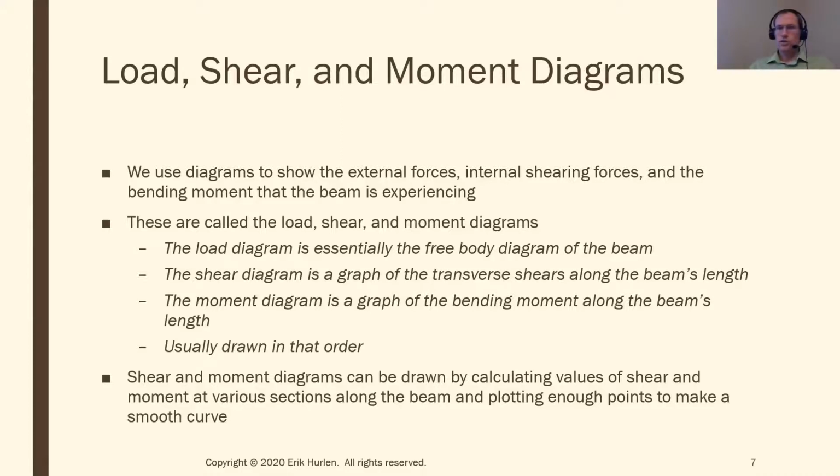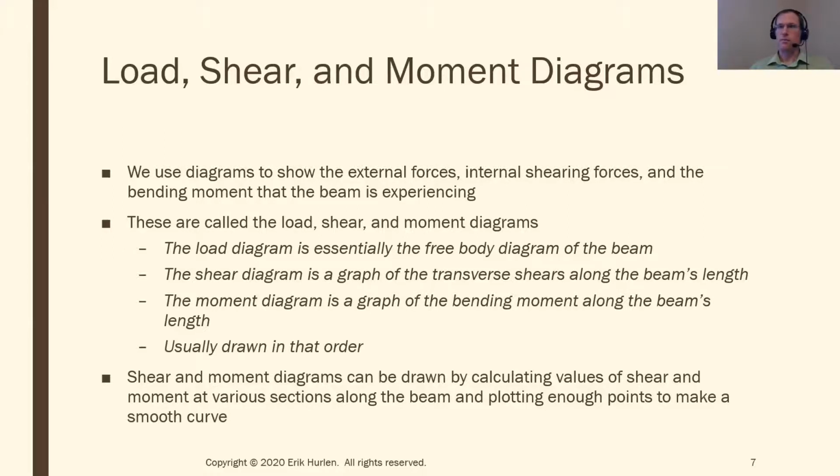So there are two ways we're going to do it, and this class is the way we described before. I'm going to take my beam, cut it, and replace that cut with three unknown internal reactions: the axial force, the shear force, and the bending moment.